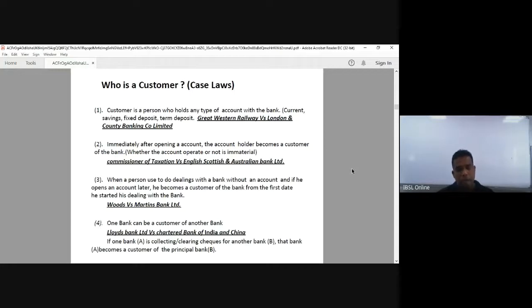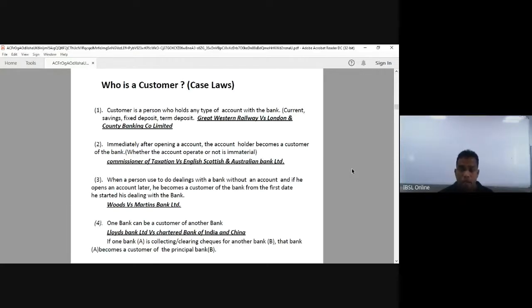Now, when we say banker-customer relationship, on one side we have a bank, the other side we have a customer. So there's a misconception among people. They always think of the banker-customer relationship like this: in one end there has to be a bank, in the other end there has to be a person, natural person or legal person.